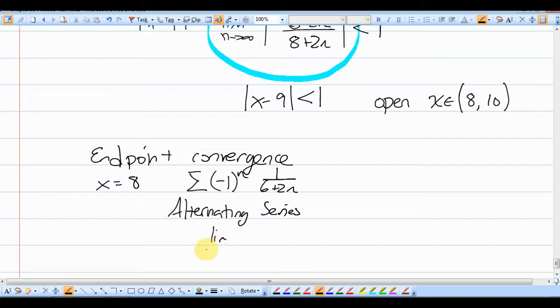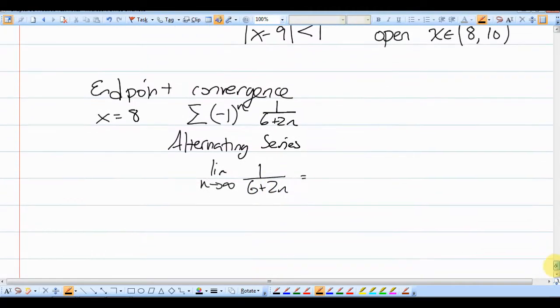The limit as n approaches infinity of 1 over 6 plus 2n. What is that limit? Clearly 0. Therefore it converges. What about when x equals 9? I did mean 10, thank you.